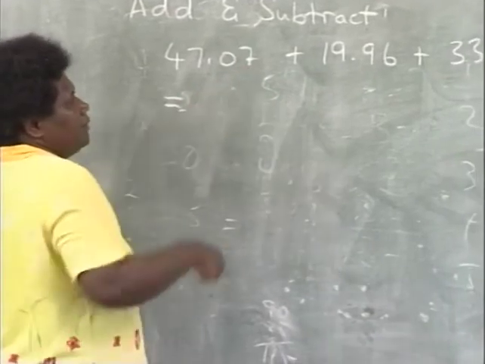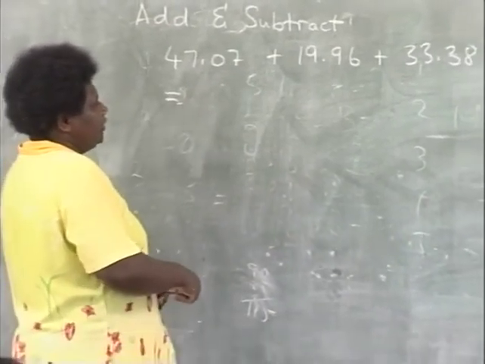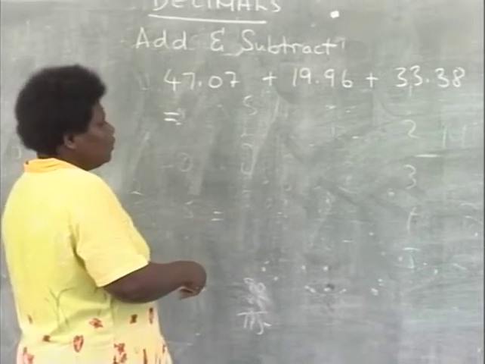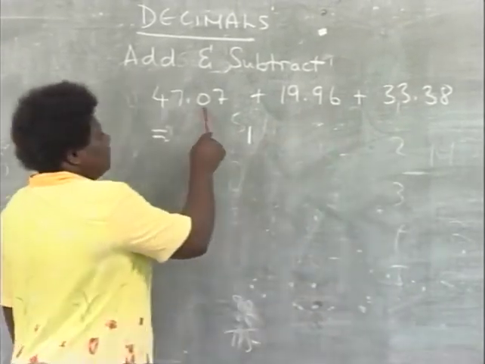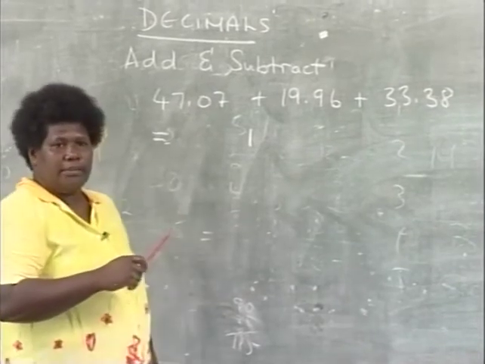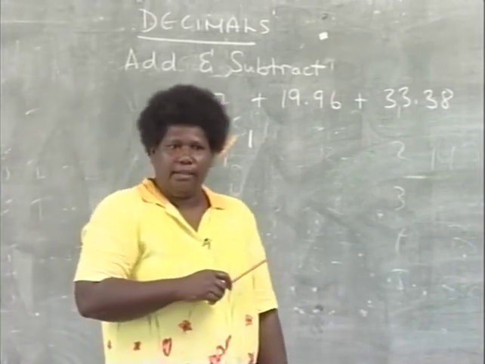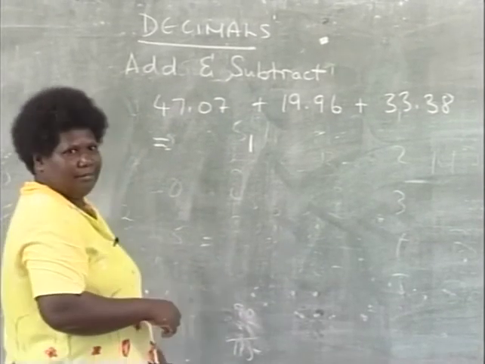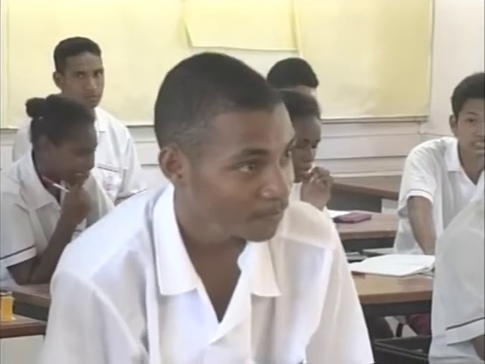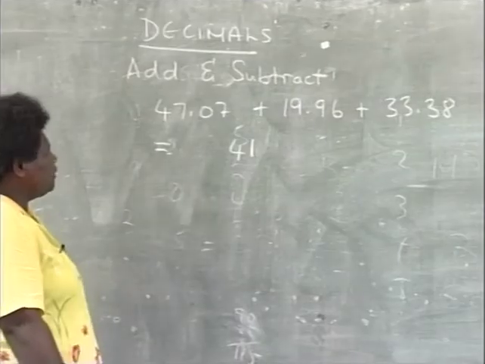Peter? 21. Write down 1, carry 2. 3 plus 9 plus 0 and then plus the 2. Danny? 14. Okay. That's 9 plus 3, 12. 12 plus 2 is 14.